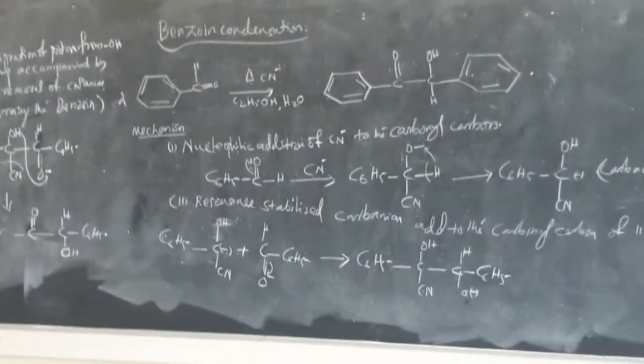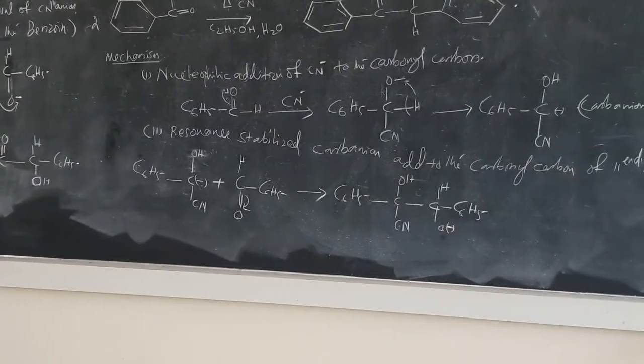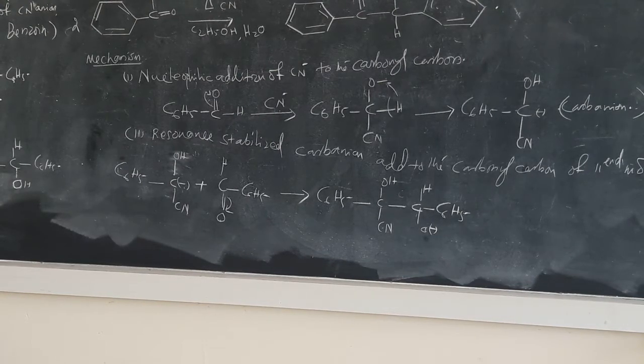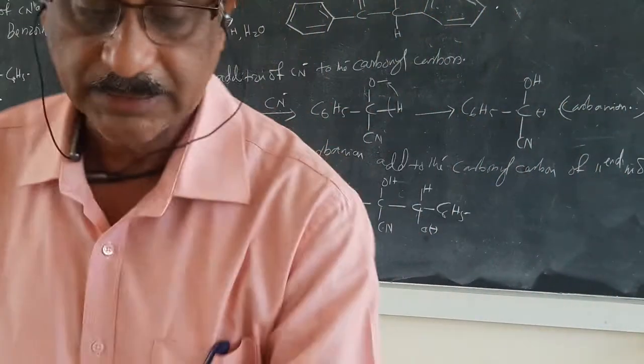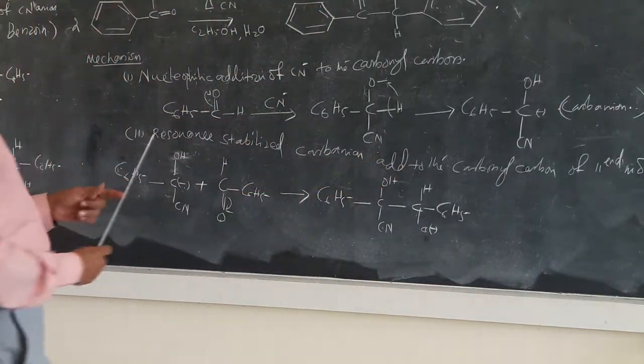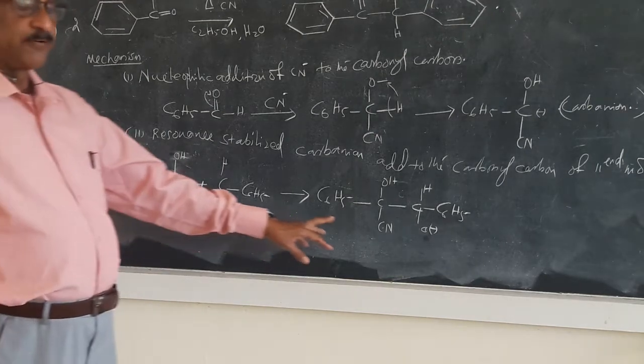So what is the reaction? Benzoin condensation. And what are the conditions for that? Okay, what is the mechanism of the reaction? There are 3 steps for the mechanism of the reaction. First one, there is the formation of a carbanion, which is resonance stabilized. Can you hear me? And the second step, that resonance stabilized carbanion is combining with another molecule of benzaldehyde, forming an anion.